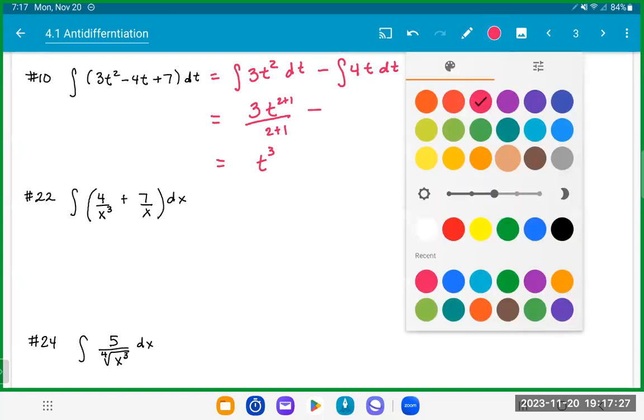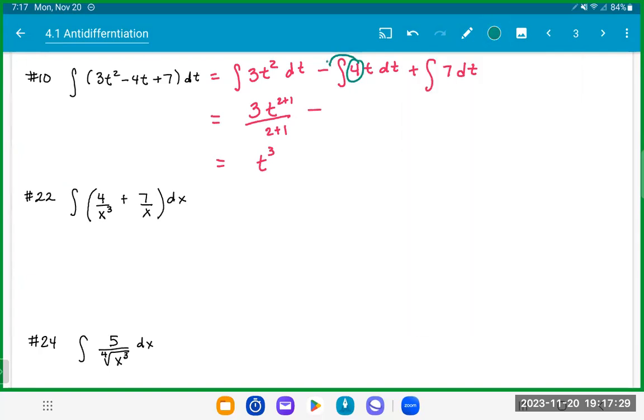Minus, well, we can bring this 4 outside, right? If you remember from our constant rule, we could bring that out if we wanted. And so that becomes 4. Now I need a t squared over 2.